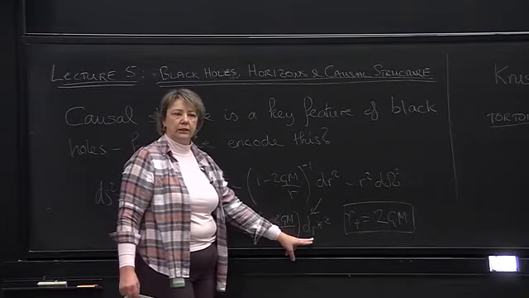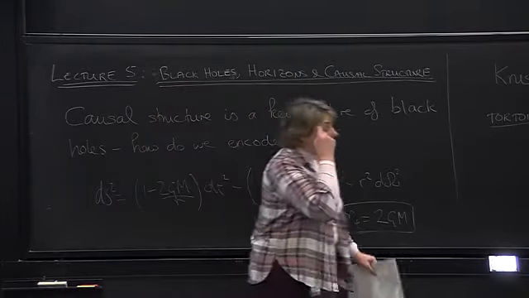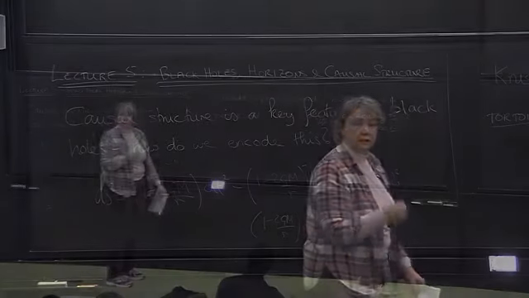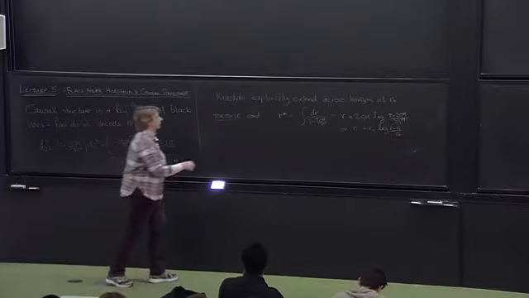So our radial null geodesics are now t equals plus or minus r star plus a constant.